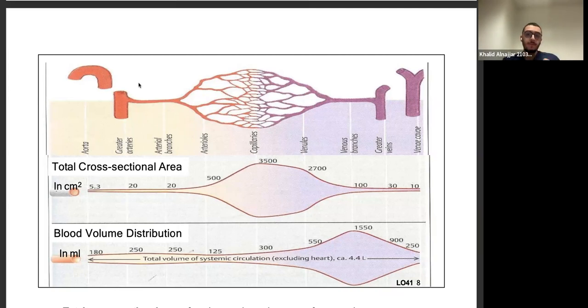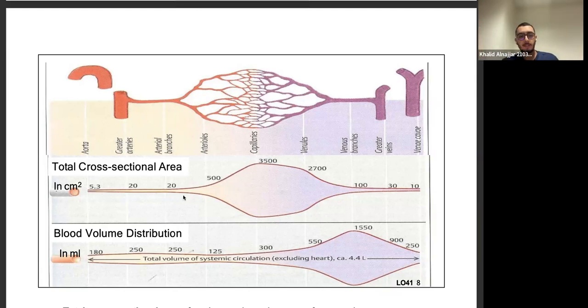It's because you have very tiny arterioles and capillaries, but too many of them. Each one of them is very tiny with very small diameter, but when you add them all together, they create this huge, vast cross-sectional area.